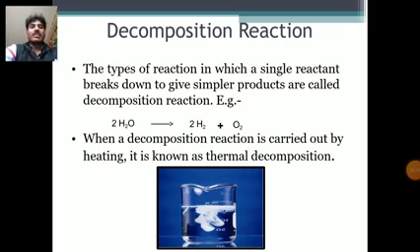In decomposition reaction, we will do one activity. First, we take 2 grams of ferrous sulfate crystals in a dry boiling tube and note the color of the ferrous sulfate crystals.